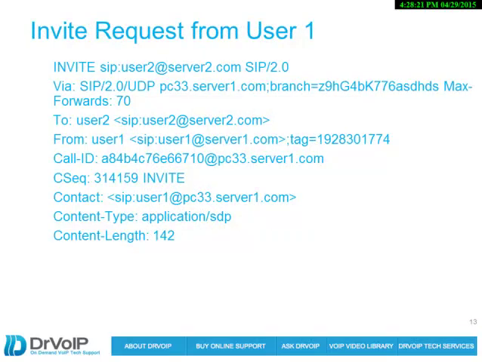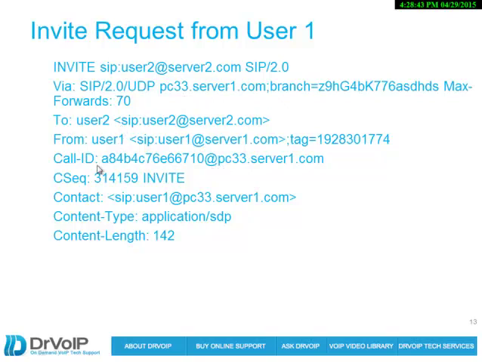So in this example here, we have an invite from user 1 sending an invitation to user 2 at this IP address via this server. The to field, the from field, the caller ID.